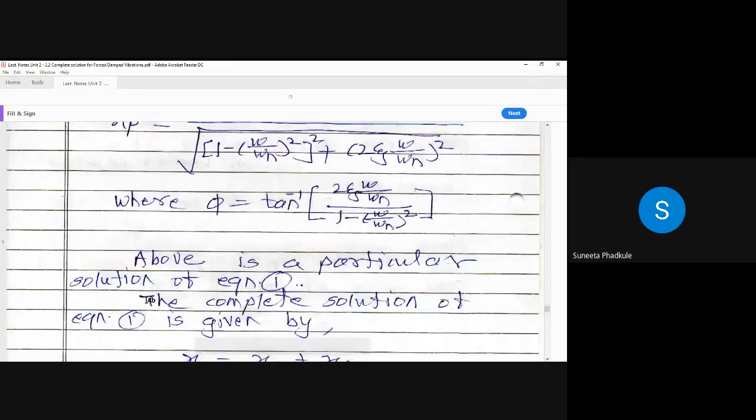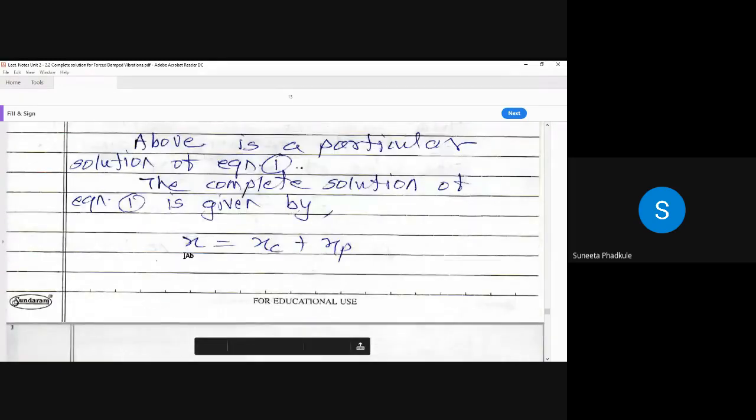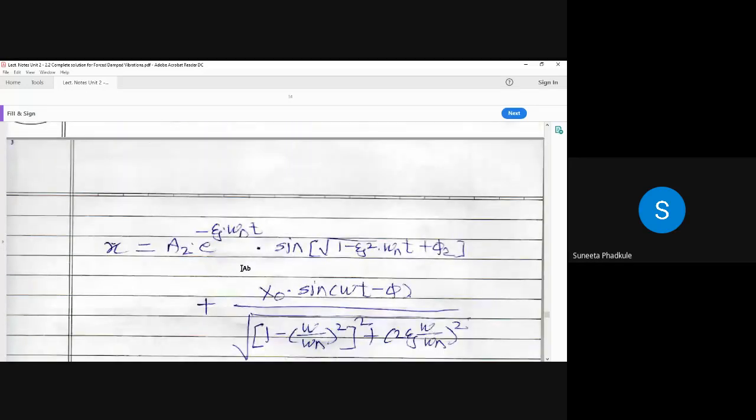Okay, now we have to combine. X is equal to Xc plus Xp. This is the complete solution of your forced vibration. What is Xc? We have assumed underdamped vibration. So what is the solution for underdamped vibration, which we studied in unit number 1?